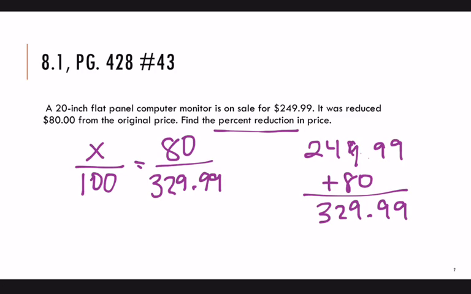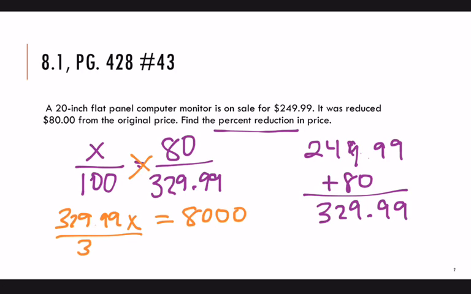Okay, and then if you cross multiply to solve the proportion, x times 329.99 equals 80 times 100, and then divide by $329.99. Alright, and you should find that the percent reduction is about 24%.